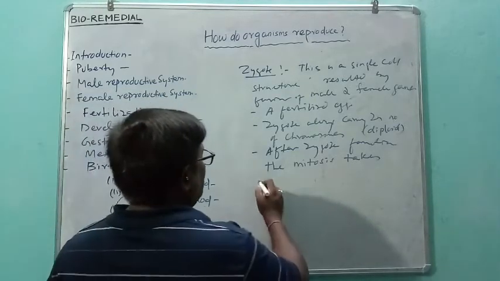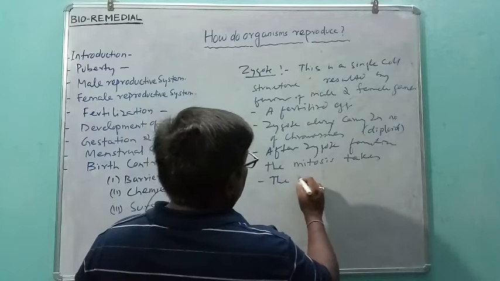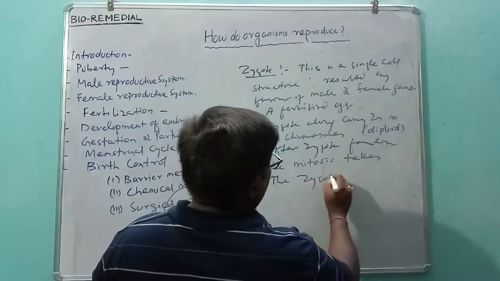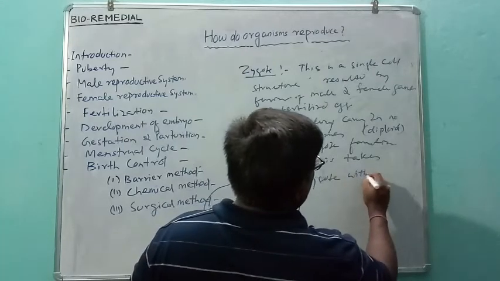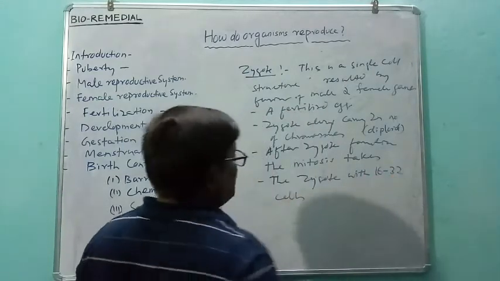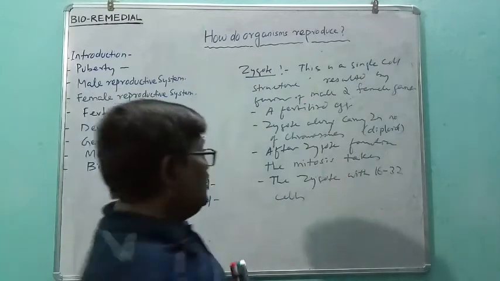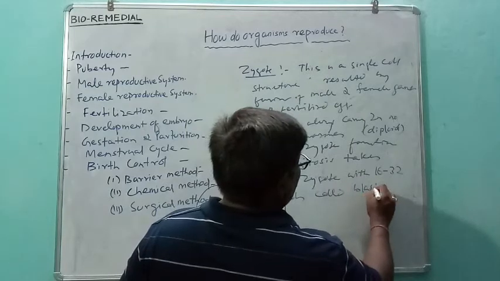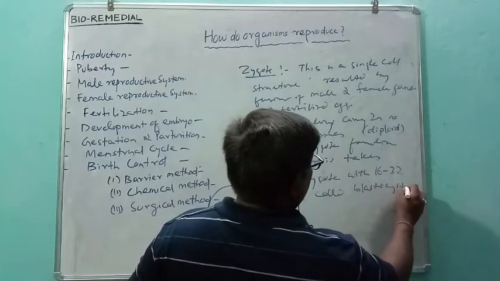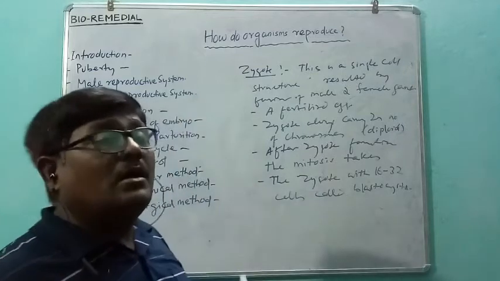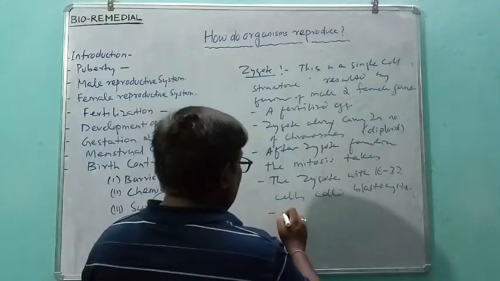Then the zygote with 16 to 32 cells is called a blastocyst, and each cell is called a blastomere. These blastomeres actually get attached to the uterine wall.